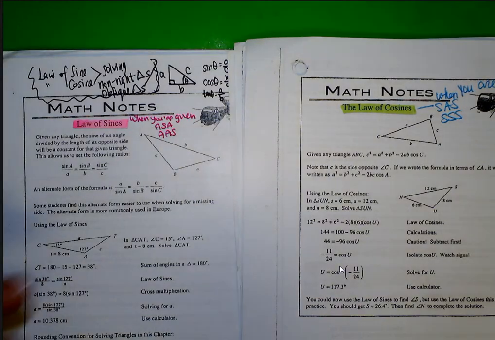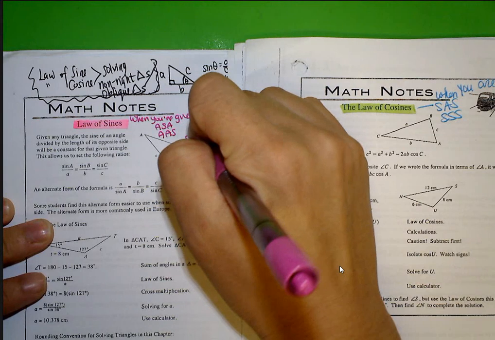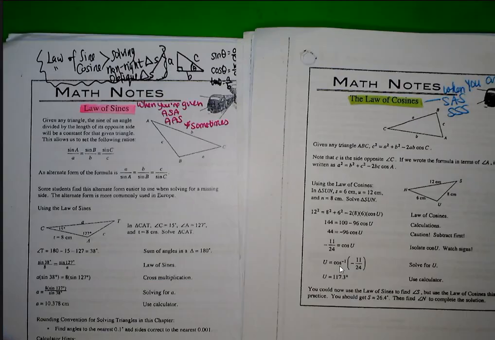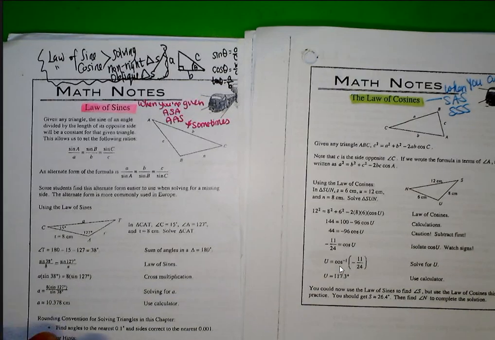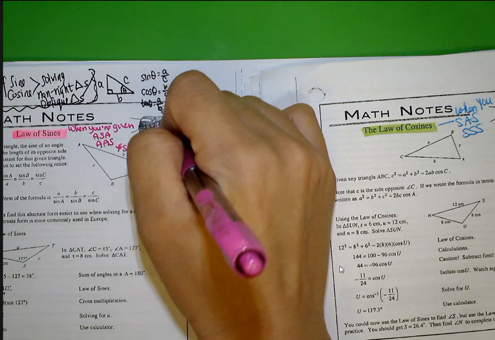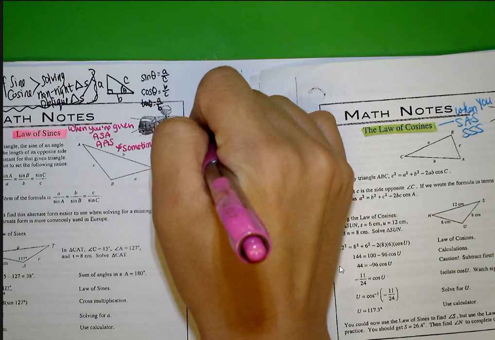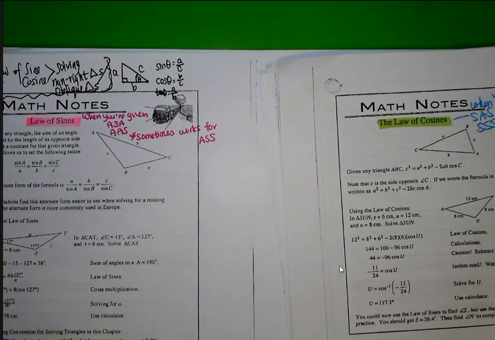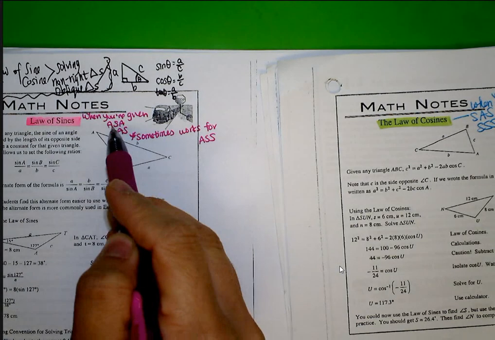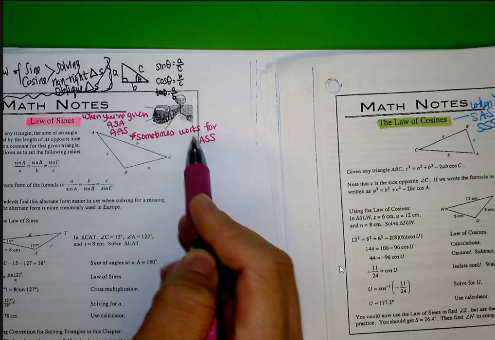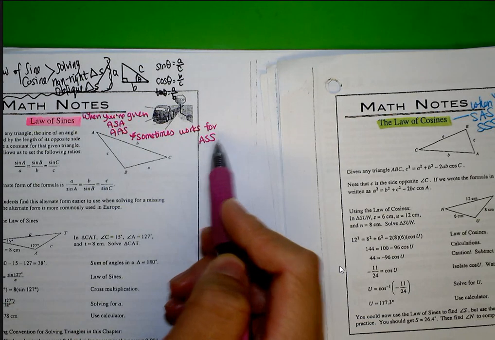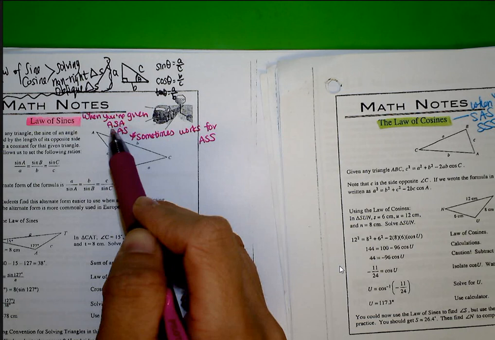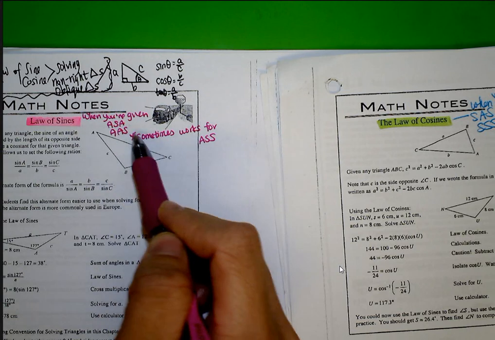Also, sometimes it works for ASS. So again, the law of sines works for ASA, AAS, and sometimes for ASS. We'll talk more about ASS in chapter 4, but for now I will generally give you problems like ASA and AAS.